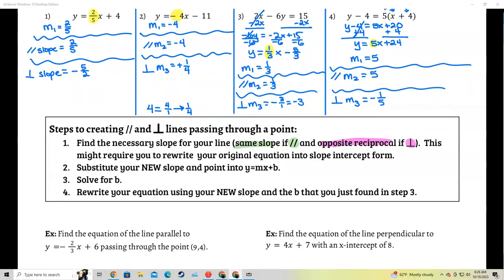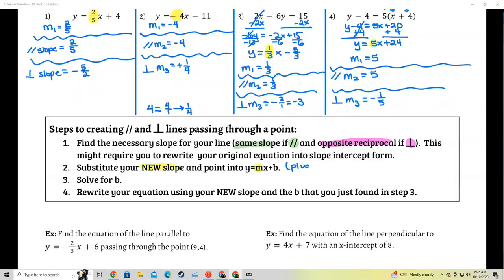Once you're done with that and you know exactly what your slope is, you're going to substitute your new slope, whether it's the same slope or the opposite reciprocal, back into y equals mx plus b, and you're going to substitute it in for your m. You're also going to plug in a point. I forgot to write that in. Let's go ahead and change that right now.